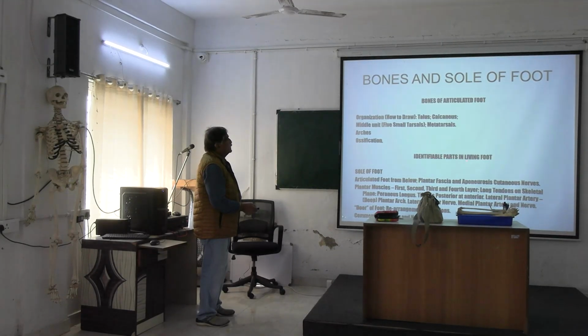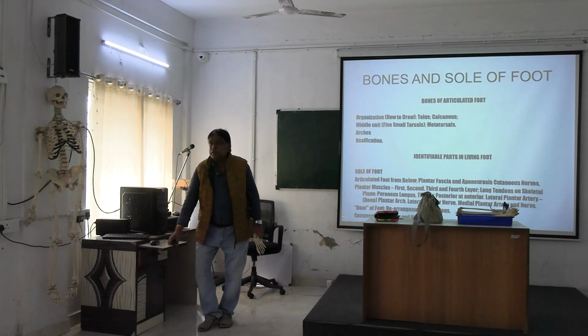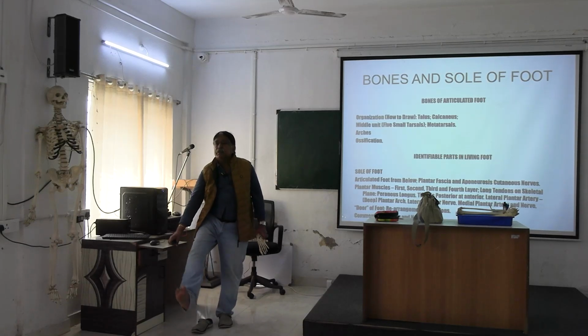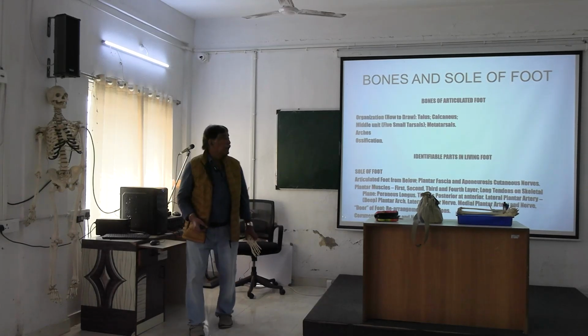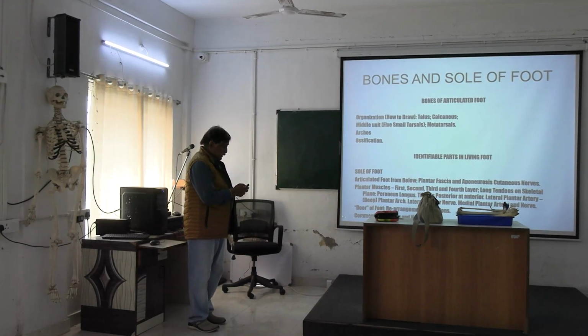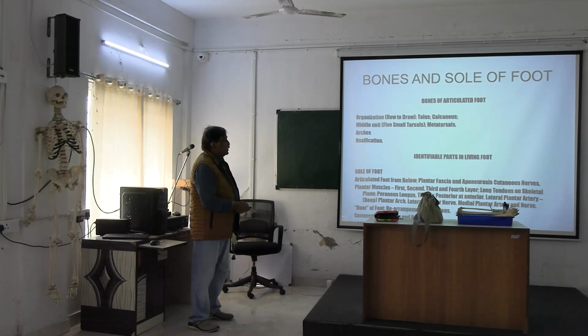Identifiable parts in living foot: sole of the foot, articulated foot from below, it is like this. First layer is the skin, the plantar fascia, the aponeurosis, cutaneous nerves.